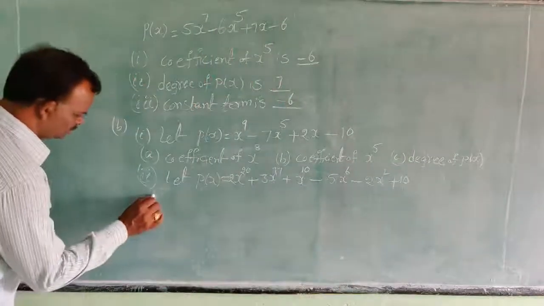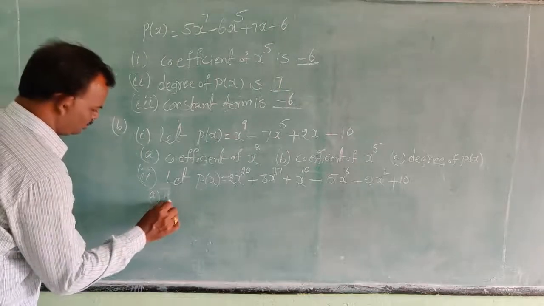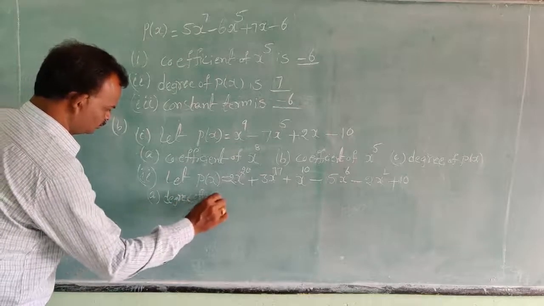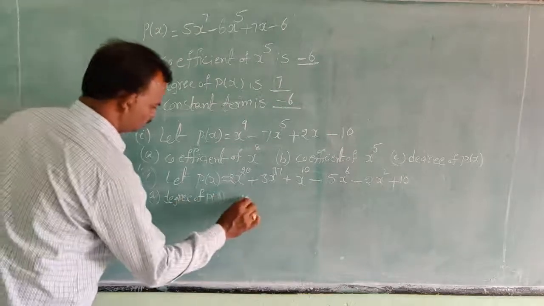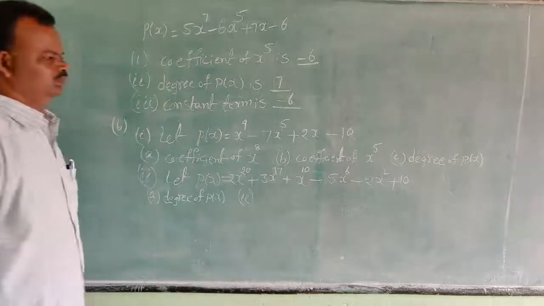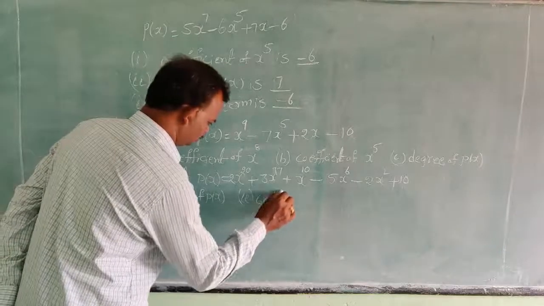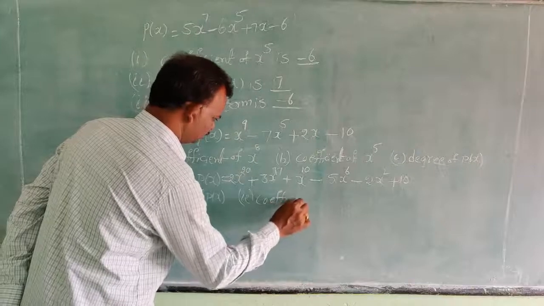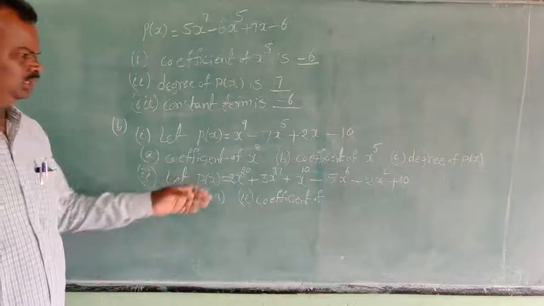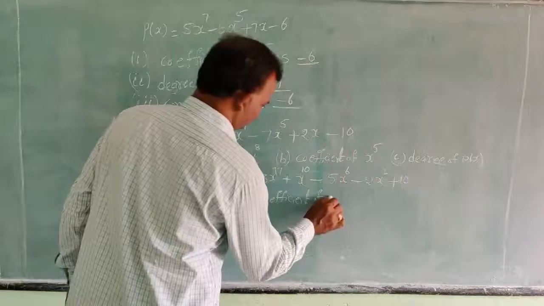Here the first question is the degree of p(x). The second question is the coefficient of any one of the terms, say the coefficient of x^17.